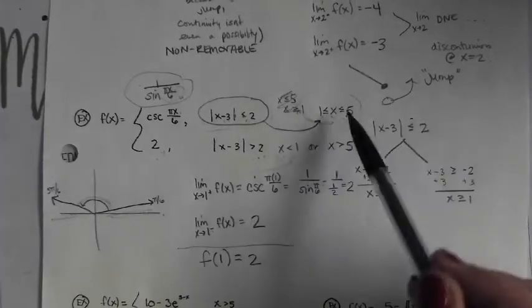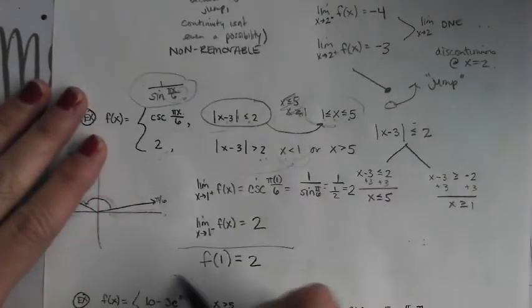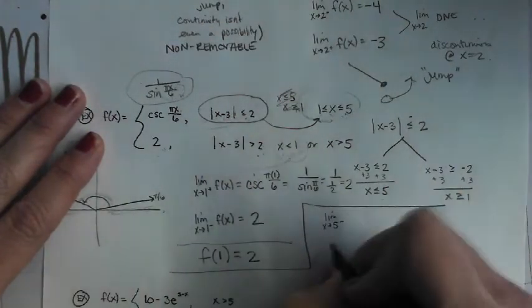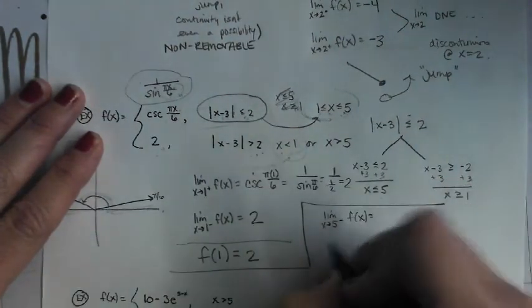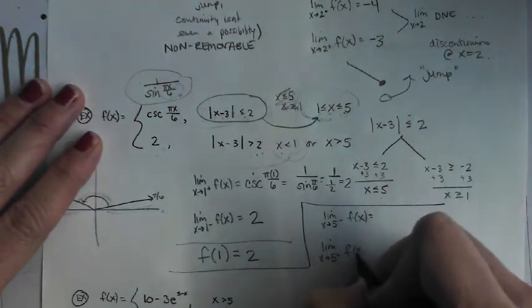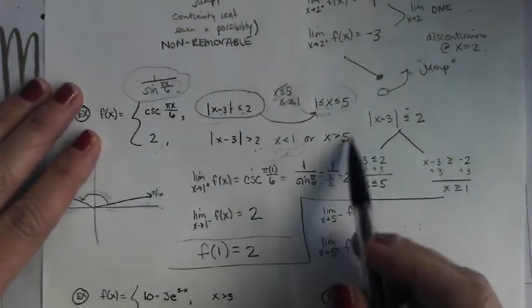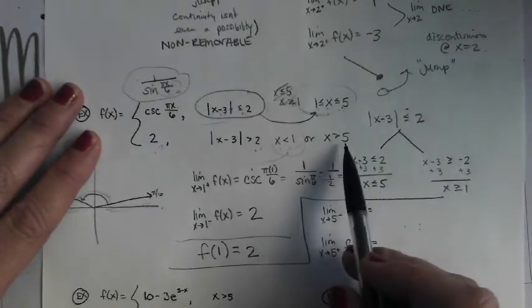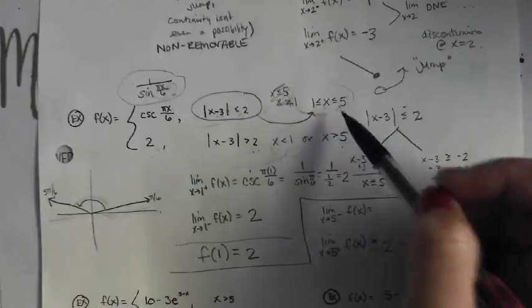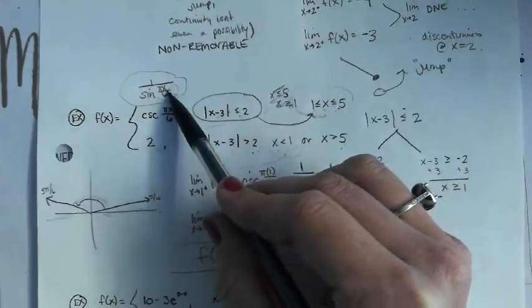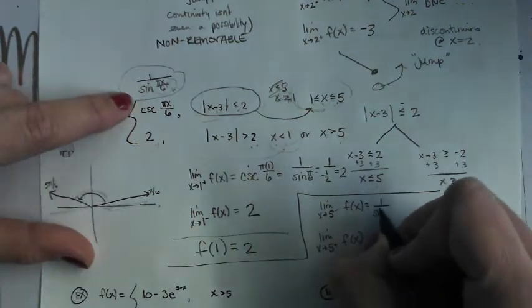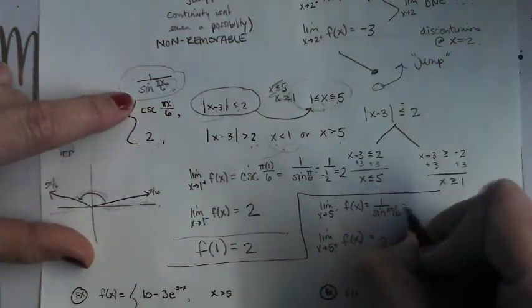The other place of emphasis is 5. So the limit as we approach 5 from the left, we're going to look at, and the limit as we approach 5 from the right. Well, 5 from the right's easier, correct? It's just 2. 5 from the left, we're using the top function, so let's plug in a 5, and I'll just go right to 1 over the sine of 5 pi over 6.